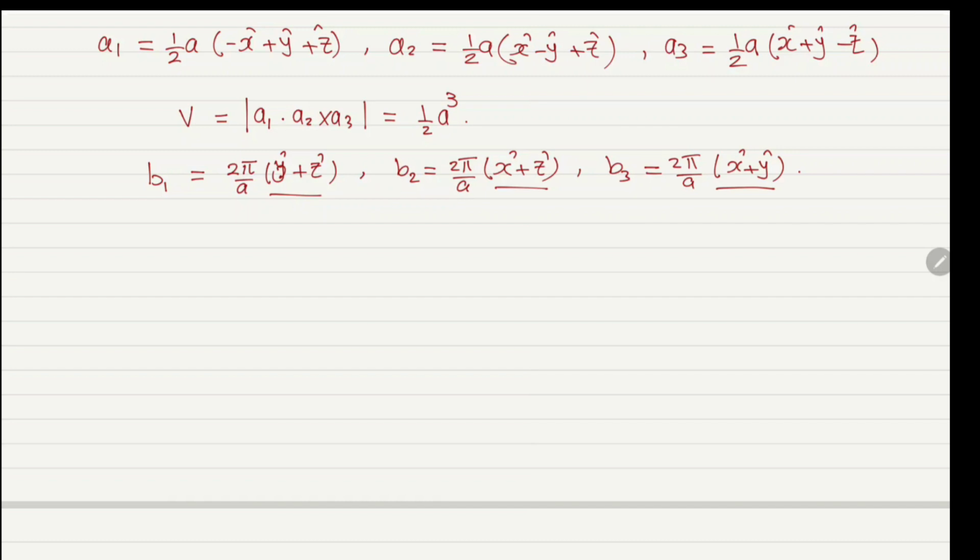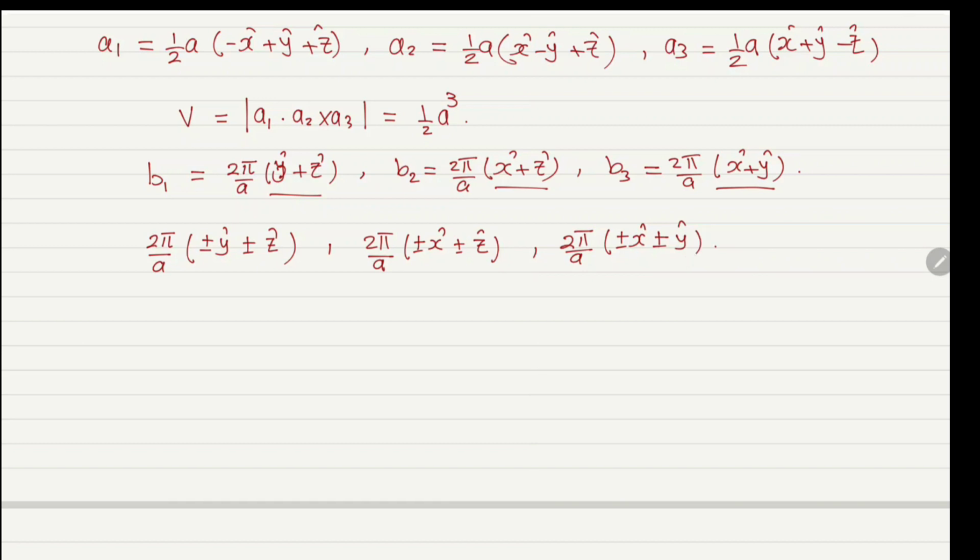And the shortest G's are the following 12 vectors, which are 2 pi over A times plus or minus y hat plus or minus z hat, 2 pi over A times plus or minus x hat plus or minus z hat, and 2 pi over A times plus or minus x hat and plus or minus y hat.